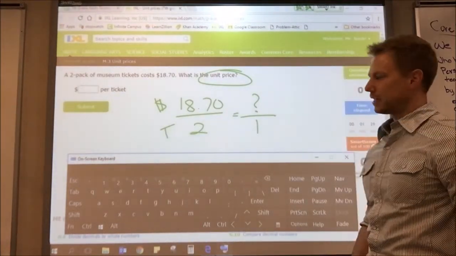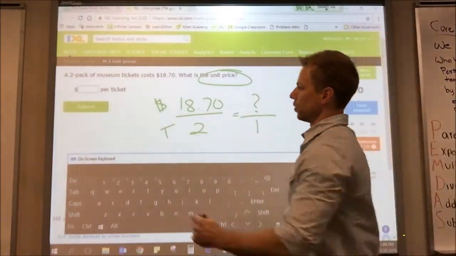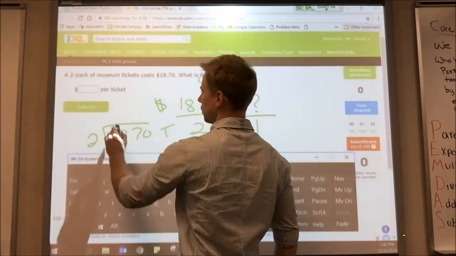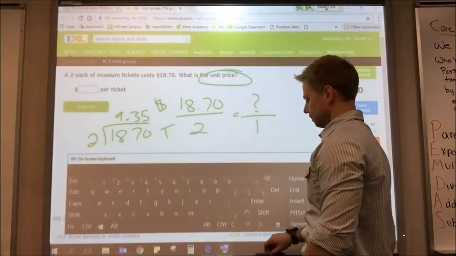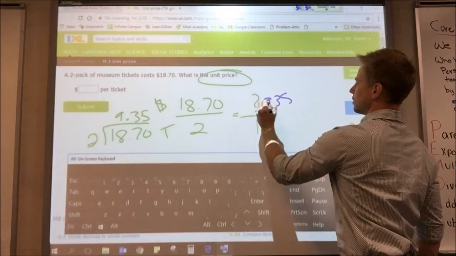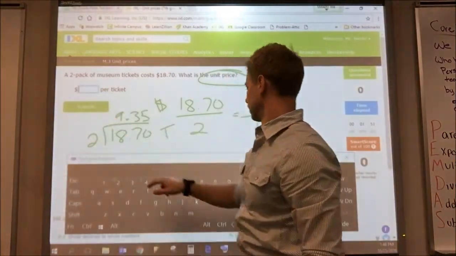Bottom would be T for tickets. To figure out what the price is for 1, we would divide again. 18.70 divided by 2 turns out to be $9.35. So that would be the price for 1 ticket.